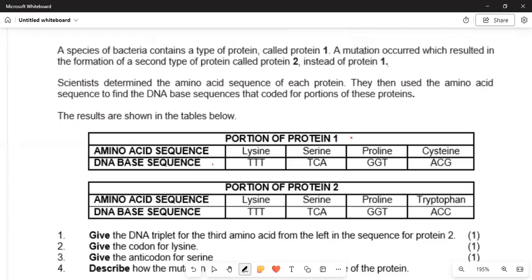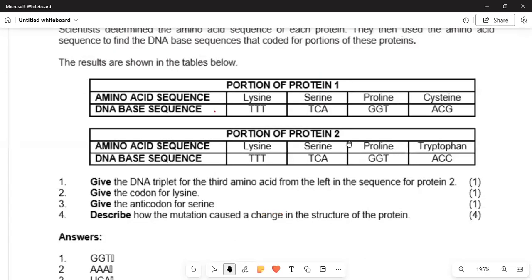Lysine is TTT, which represents this particular DNA base, and then TCA, which is thymine, cytosine, adenine, and so on, guanine, thymine, adenine, cytosine, guanine. In portion 2, the sequence would also be the same, ensuring that these amino acids are in the same portion of the proteins.